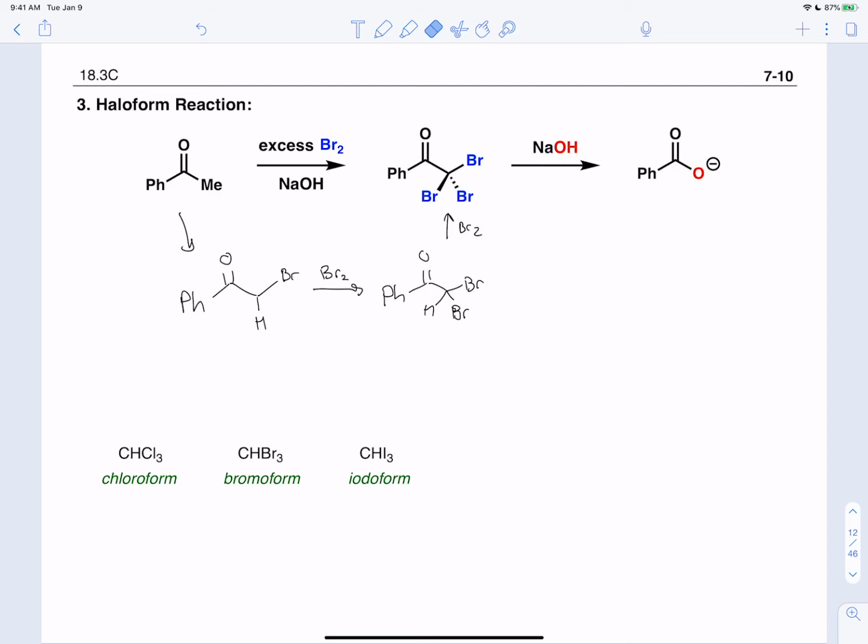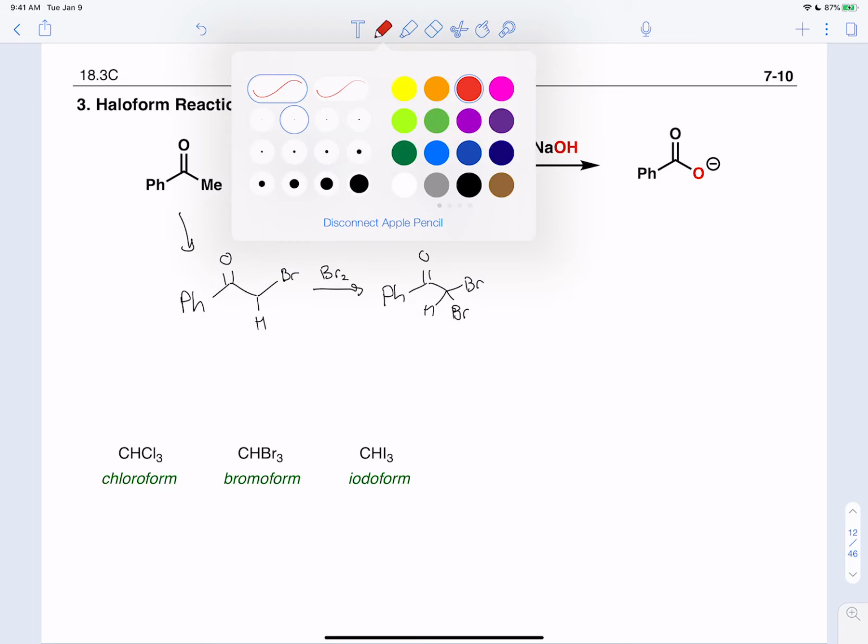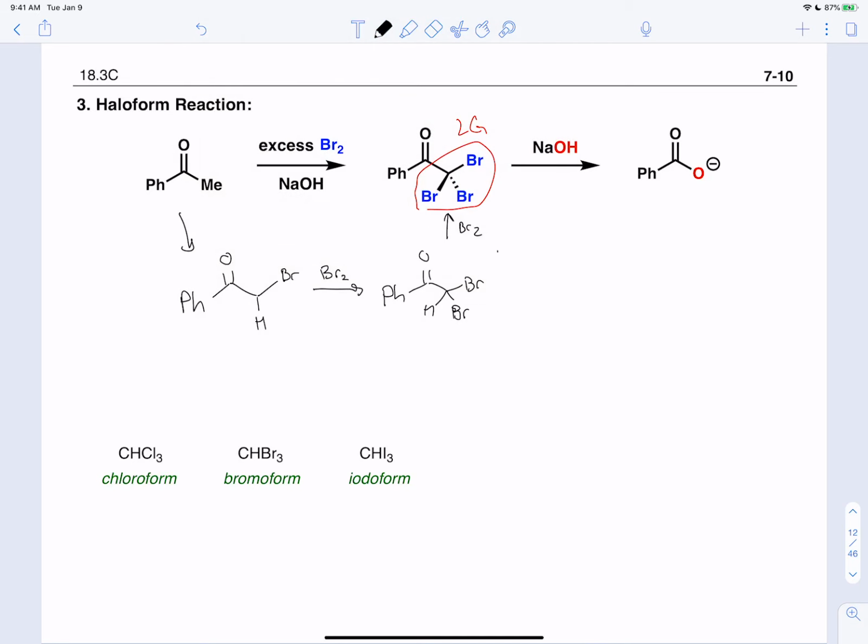Turns out the sodium hydroxide no longer acts as a base, it can actually substitute this entire group. That means that because of the electron deficient nature of these bromines, this entire thing becomes a good leaving group. So this will proceed in a manner that we've seen like all of the other substitutions take place. So I'm just going to shortcut to this CBr3. Now the hydroxide has nothing else to deprotonate.